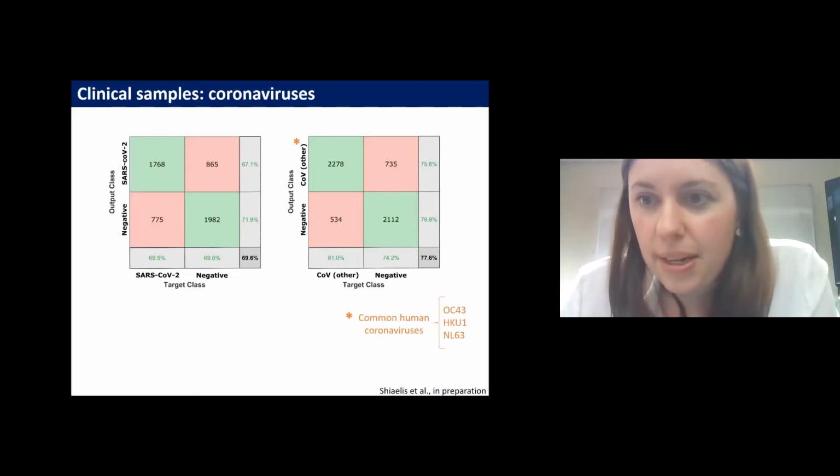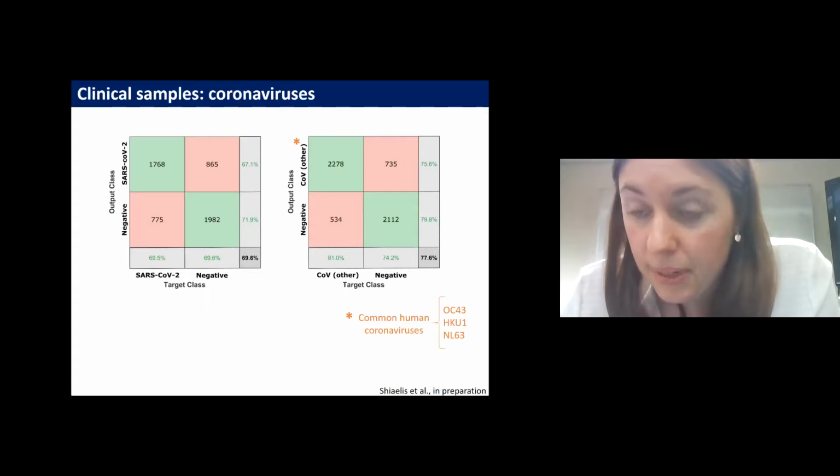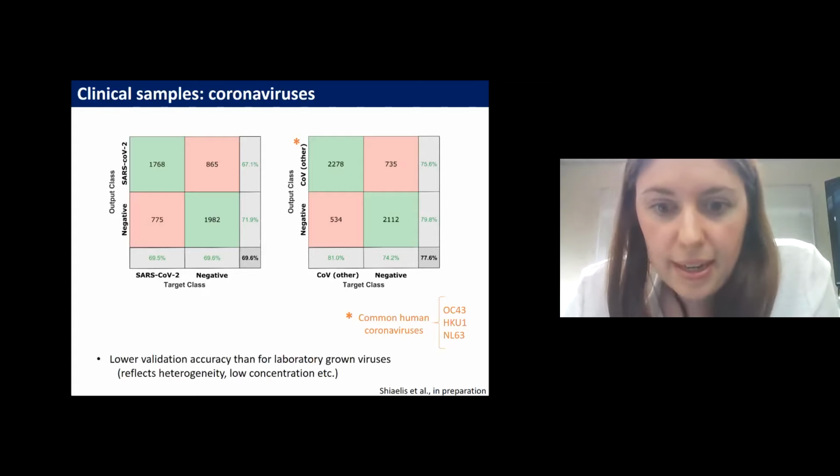So when we differentiate between these common coronaviruses and negative samples, we can distinguish between them with around 77% validation accuracy.